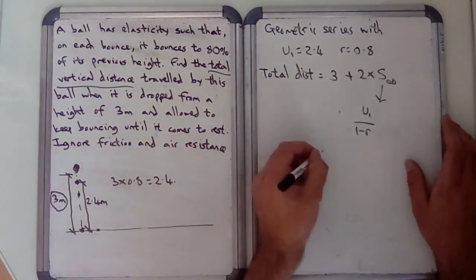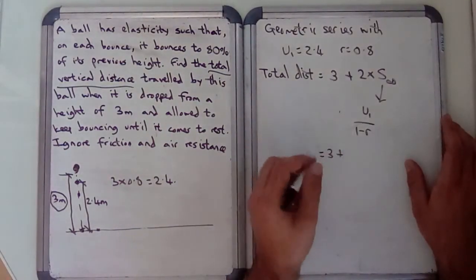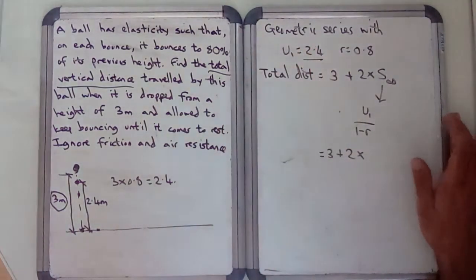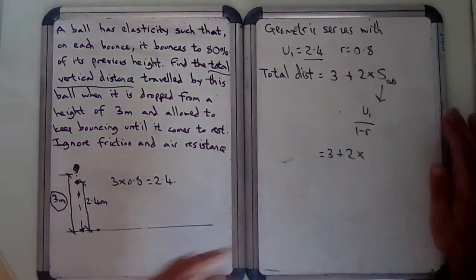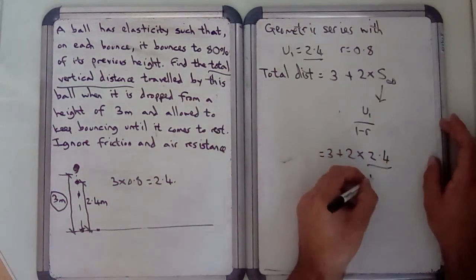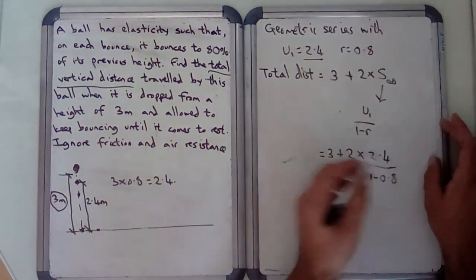So the total equals 3 plus 2 times, and u1 I've said is 2.4 because that's the bit I'm considering for the geometric series, 2.4 over 1 minus r, so 1 minus 0.8.